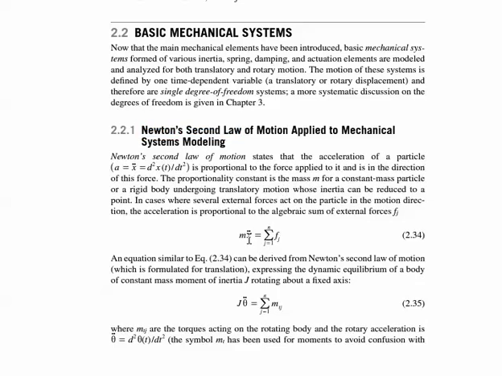The acceleration of a mass m is equal to the net force acting on that mass. There might be an external force pushing on the mass, a drag force resisting motion, or a spring attached to the mass pulling back on it as it moves in the positive x direction, and that would have a force.